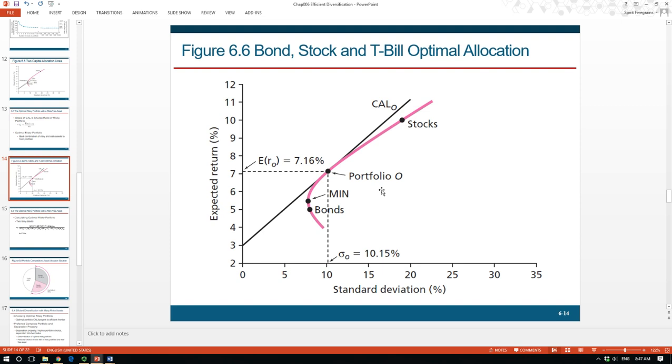And if you prefer a lower amount of risk, then you should invest more money in the risk-free asset. Any point along this capital asset allocation line is equally good in terms of risk-return trade-off, and the risk preference of the investor will affect the eventual combination of risky asset and risk-free asset.